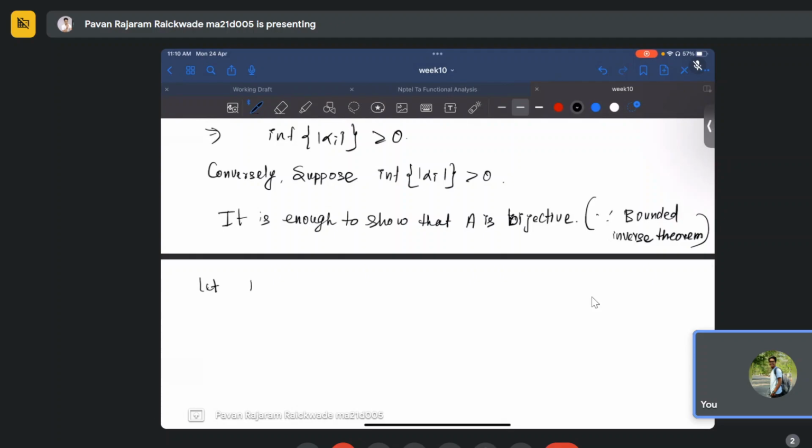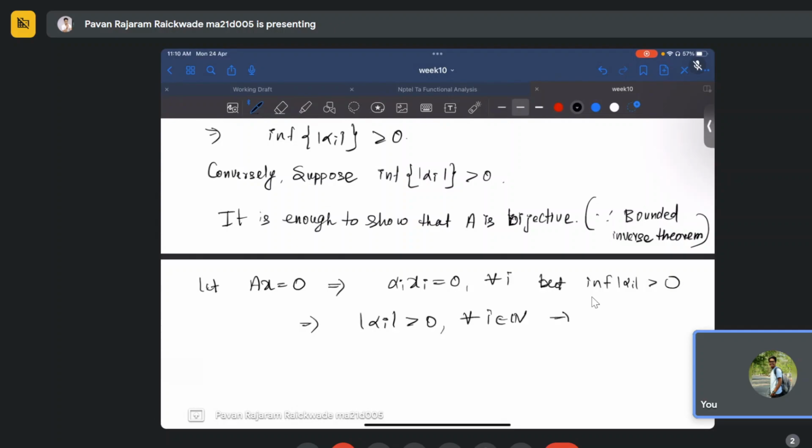So the task is to show it's bijective. Let Ax be 0. That means alpha i x_i has to be 0 for all i. If the infimum of mod alpha i is strictly positive, that means each mod alpha i is strictly positive for all i.